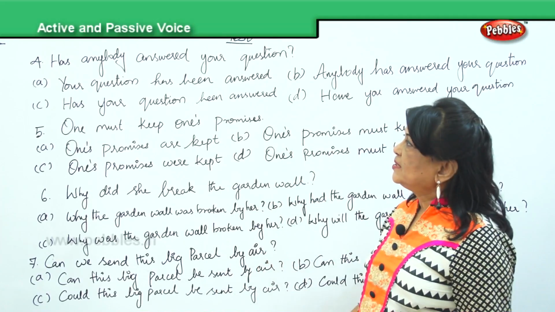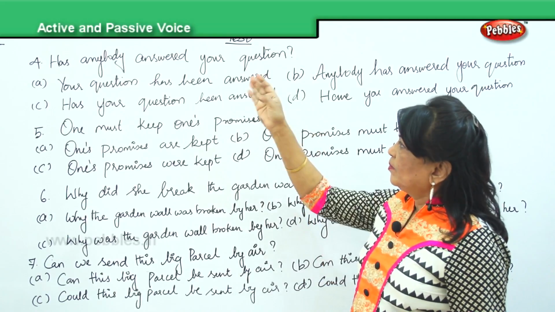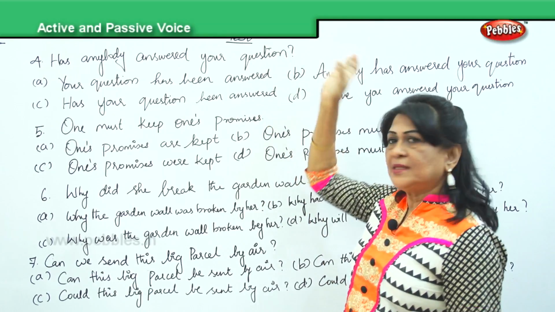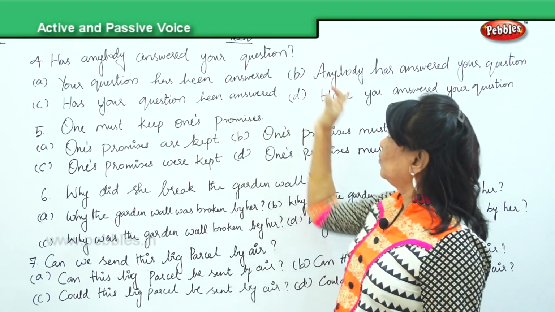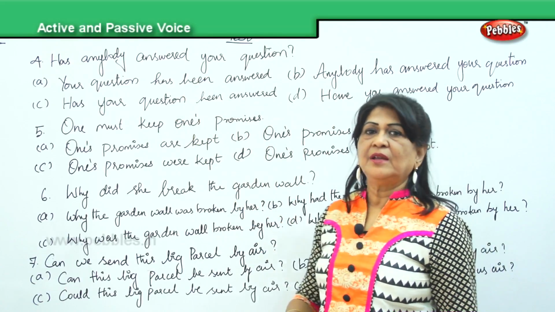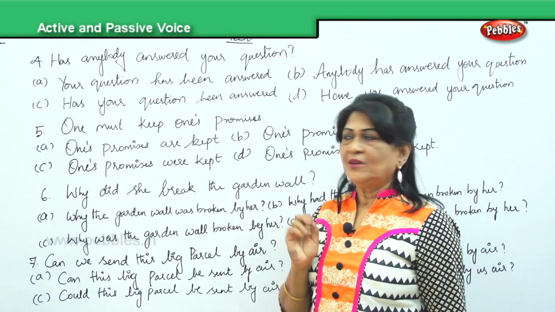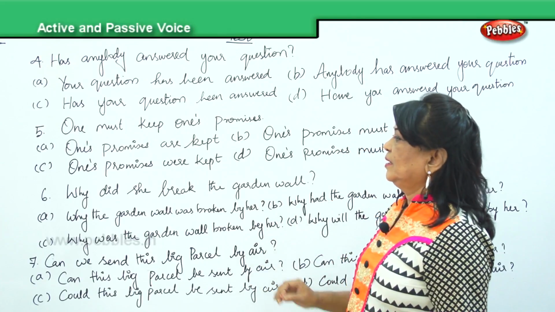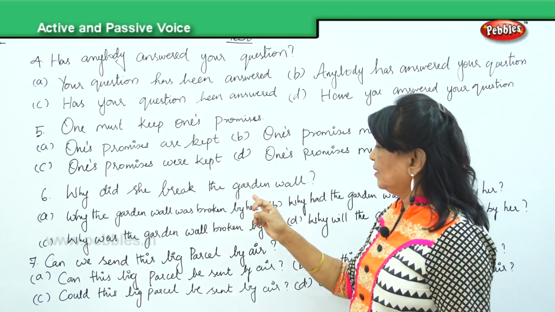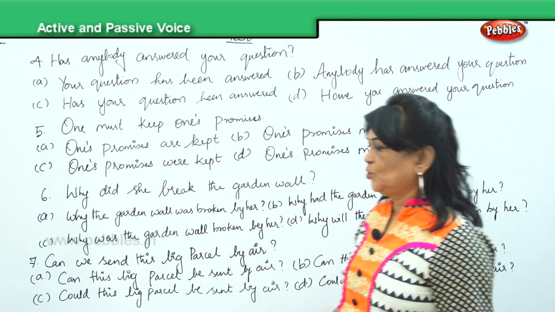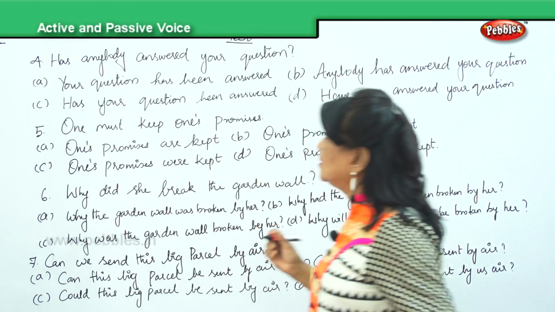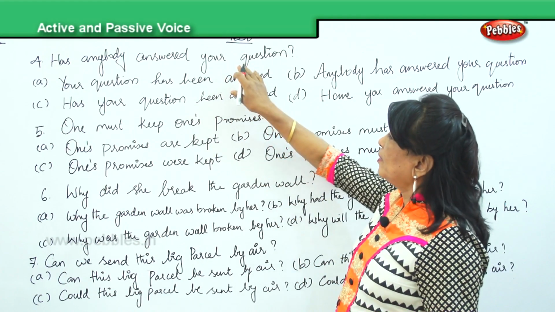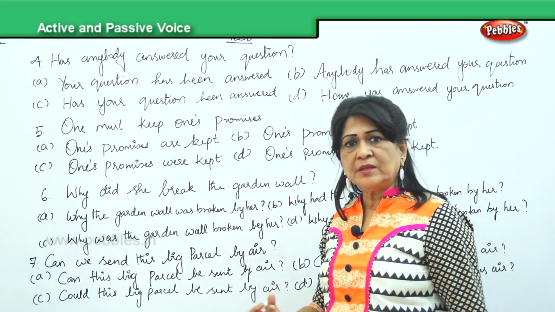Okay. We'll see now. The first sentence is a question. It is the active voice, and the other 4 are options given, and you have to choose the right option. Okay, the first question is, has anybody answered your question?